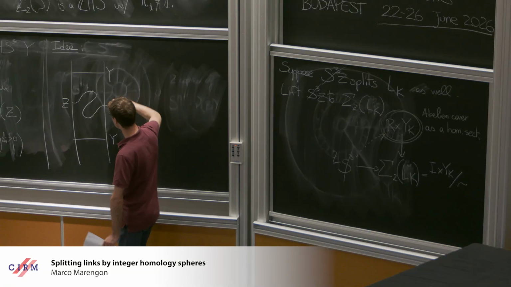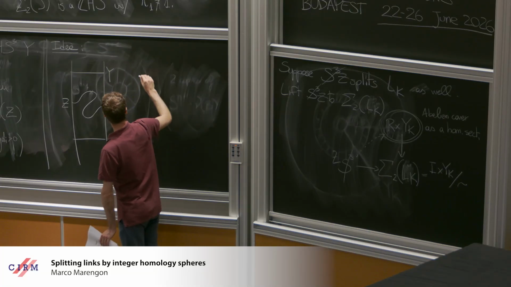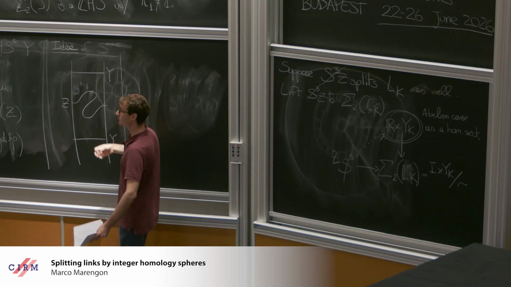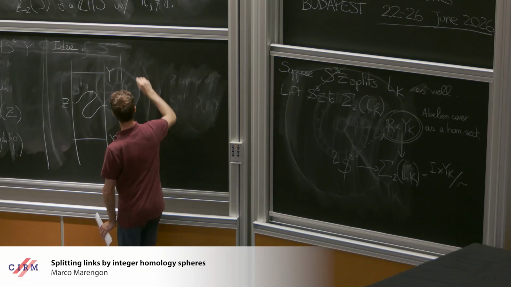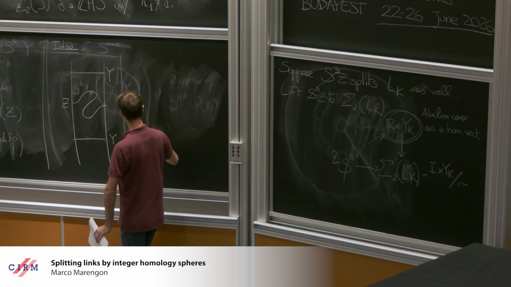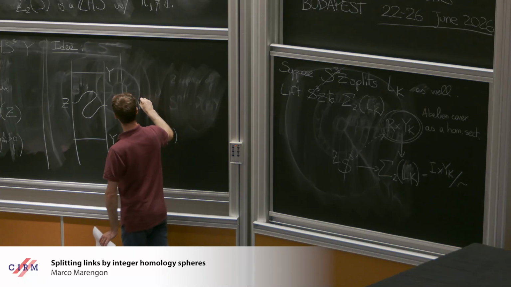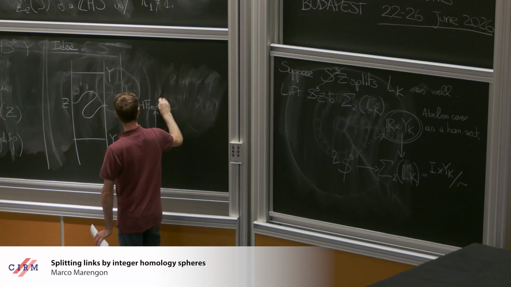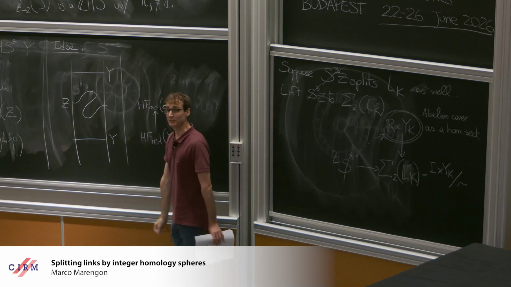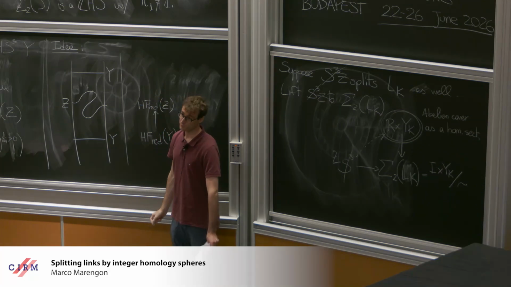And now you have two cobordisms. So cobordisms in Heegaard Floer homology induce a cobordism map. So you have a cobordism map from HF red of Y to HF red of Z. And this is an F[U] module map.